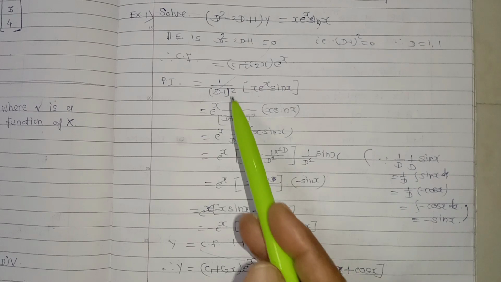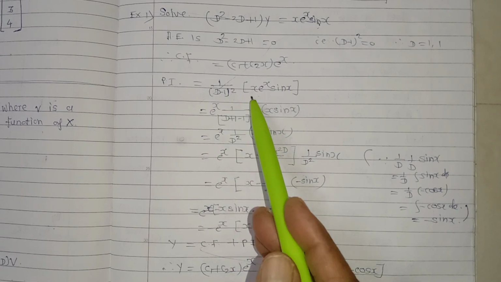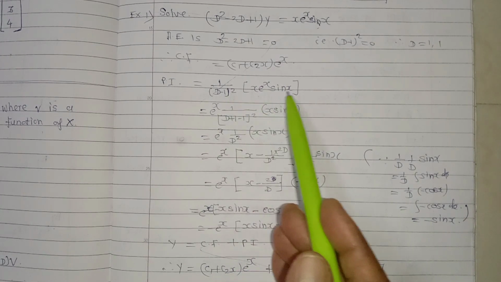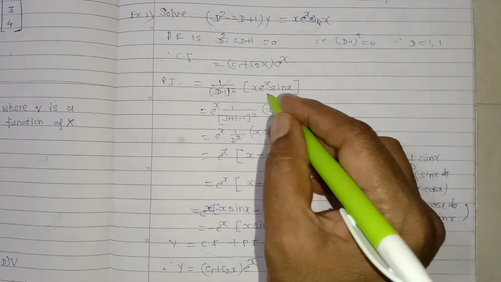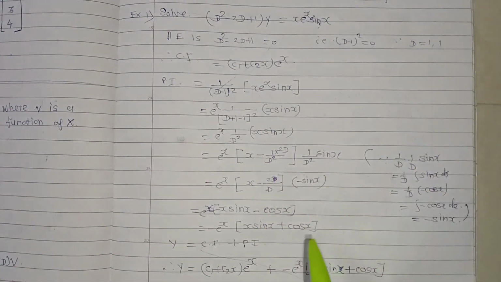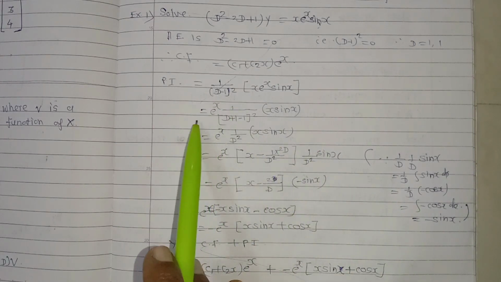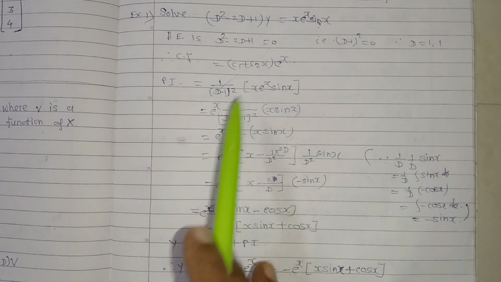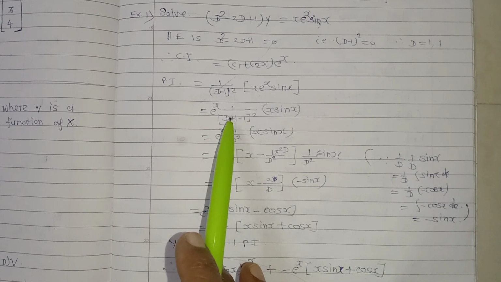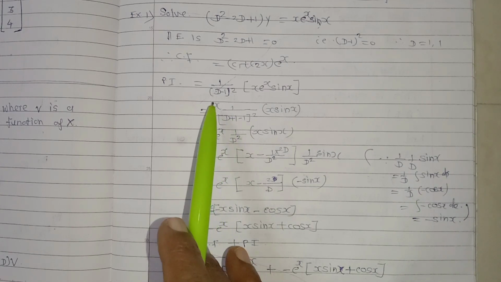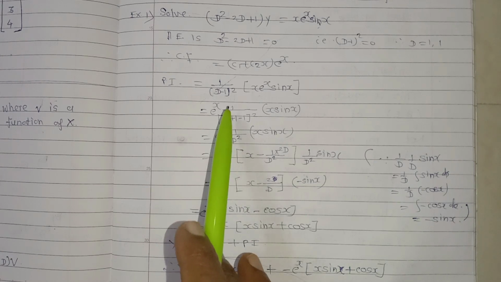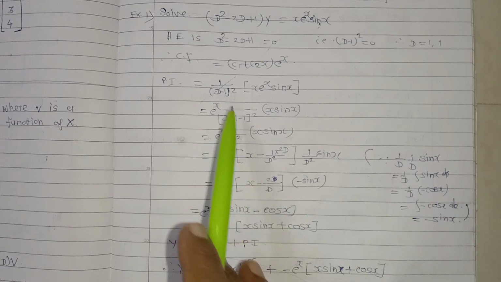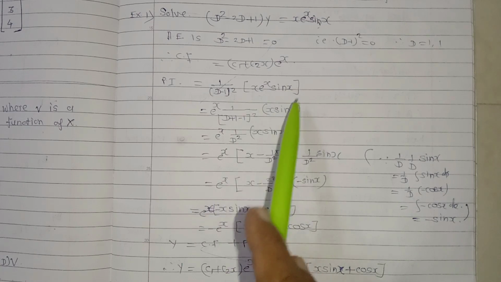Particular integral equals 1 upon (D minus 1) bracket square operated on x into e raised to x sin x. But it can be considered as e raised to x into x sin x, that is e raised to ax into phi. So we take e raised to x into 1 upon, replace D by D plus 1 since the coefficient of x is 1, 1 upon (D plus 1 minus 1) bracket square operated on x into sin x.